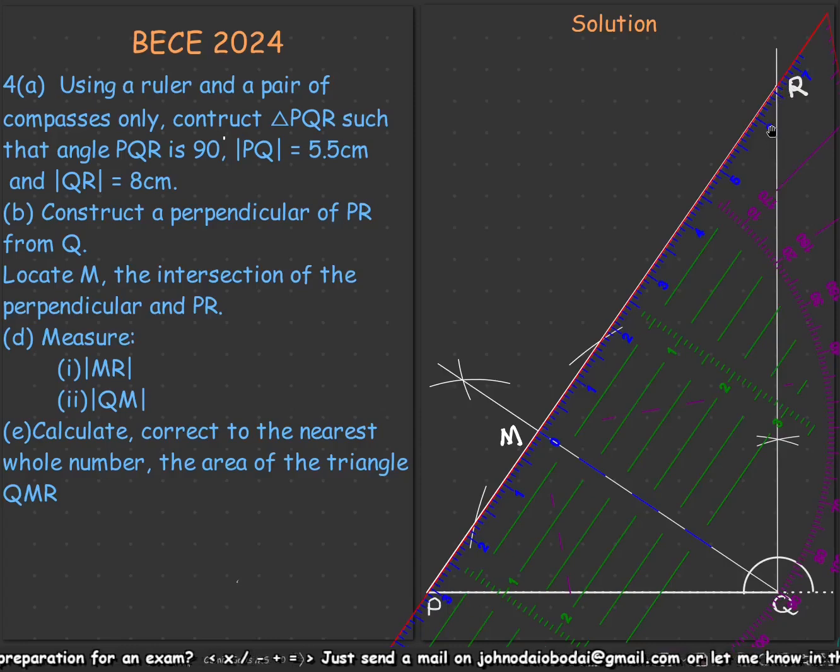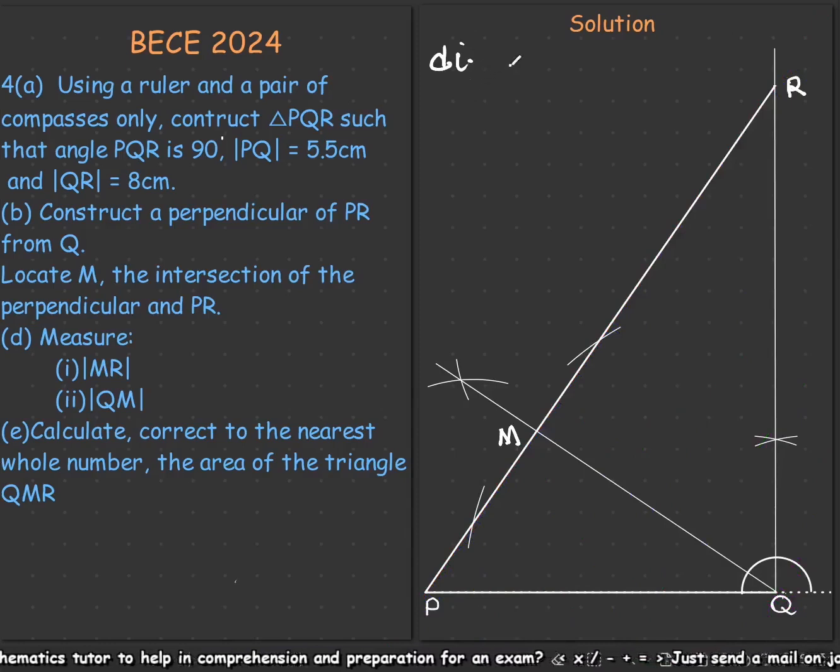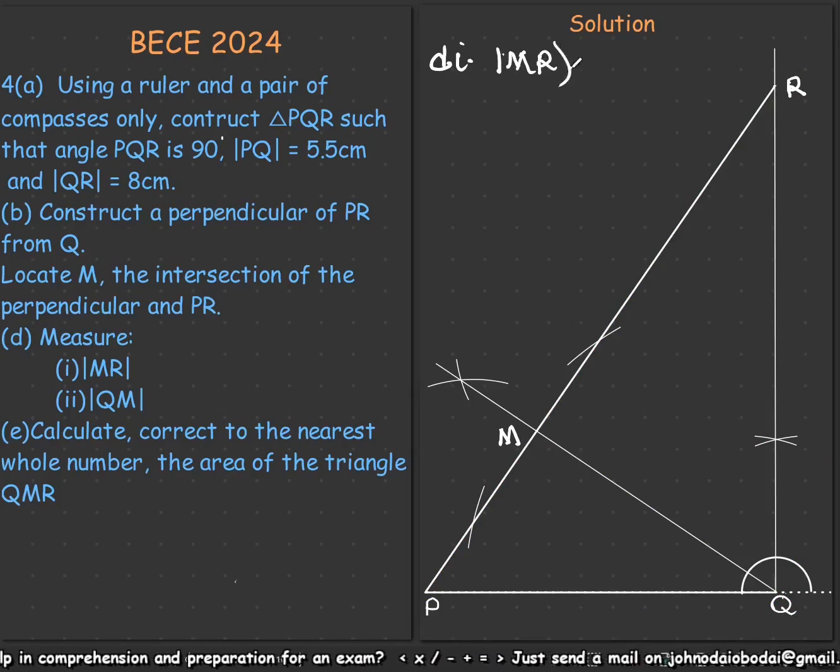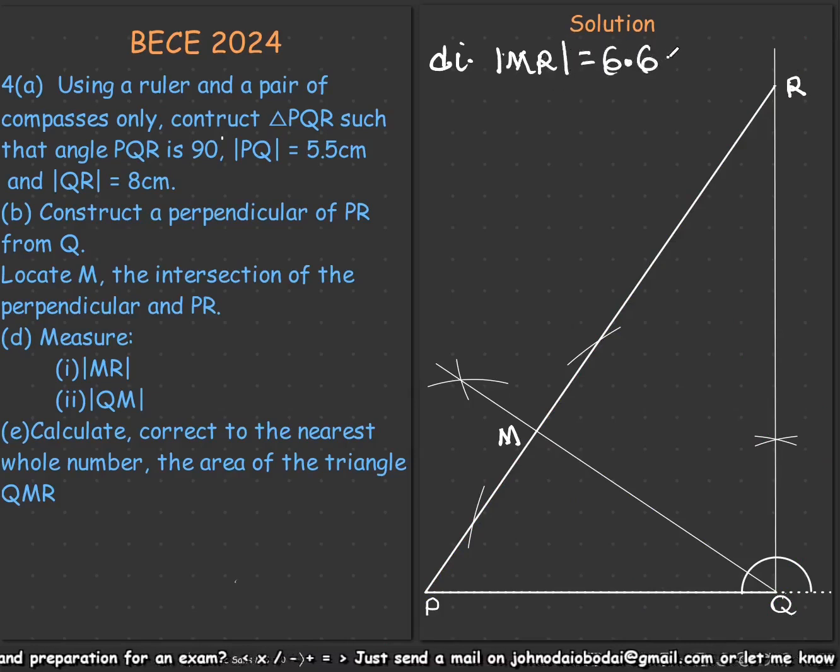So my MR is 6.6. So let's just write that here. That is line MR is 6.6 centimeters.